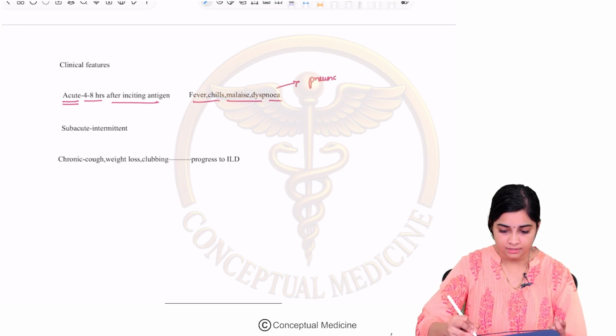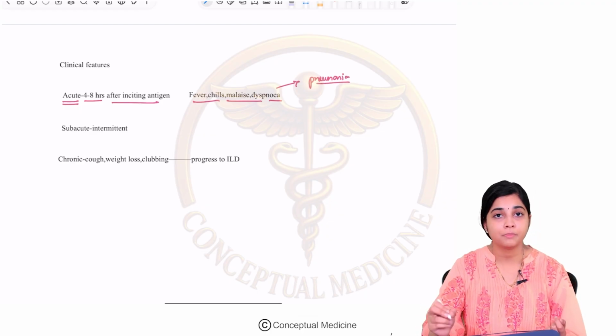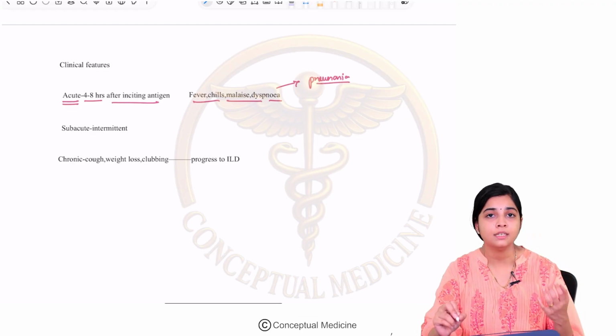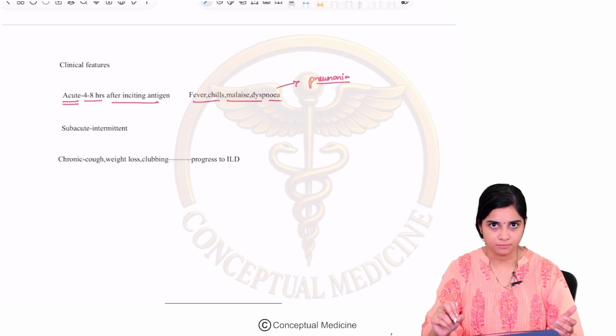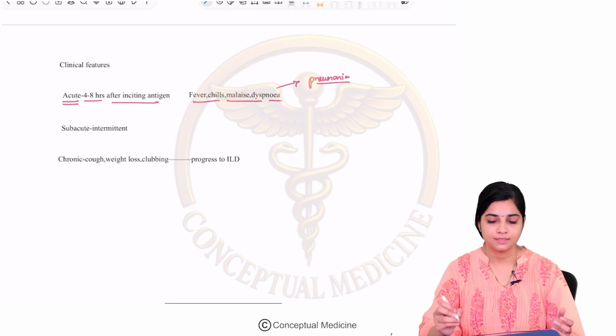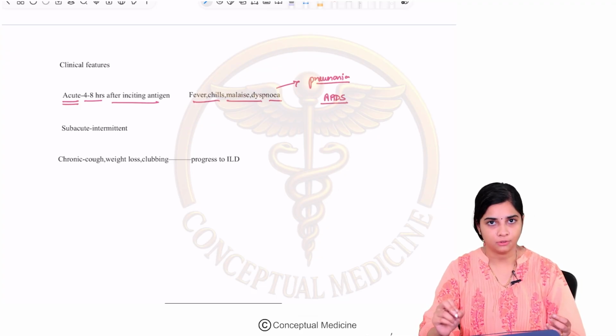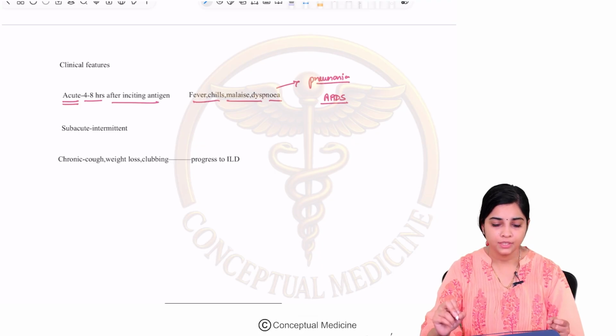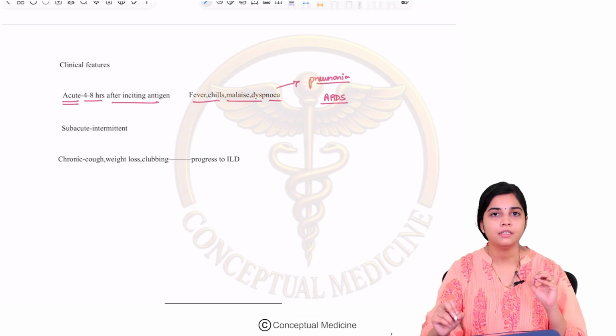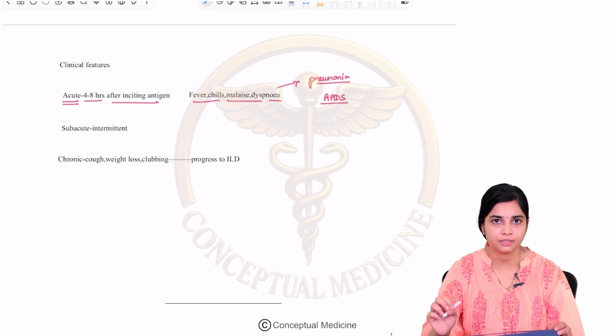So you might misdiagnose the patient as community acquired or viral pneumonia. It presents with fever, chills, malaise and dyspnea, or it may also present with an acute respiratory distress syndrome kind of picture. So it becomes very important that you ask the exposure history clearly so that you don't misdiagnose the patient and you treat them differently.